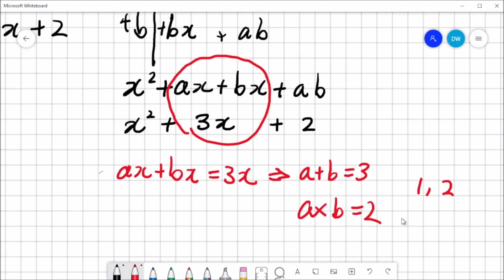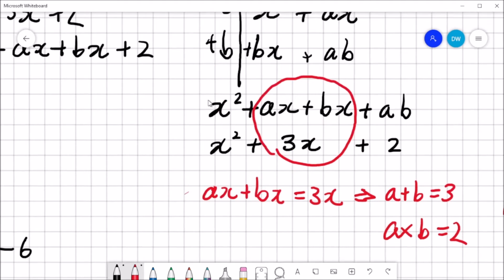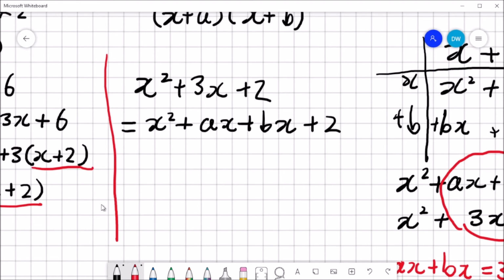So we now know that a and b have to be 1 and 2 respectively. So we can just go back to the original one and say, well, it has to be x squared plus 1x plus 2x plus 2. Oh, and it works because 1x plus 2x equals 3x, and 1 times 2 equals 2.